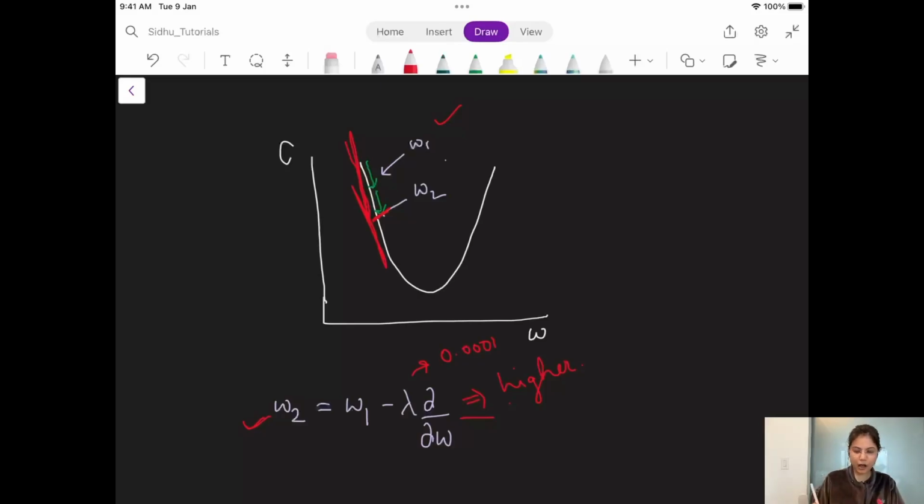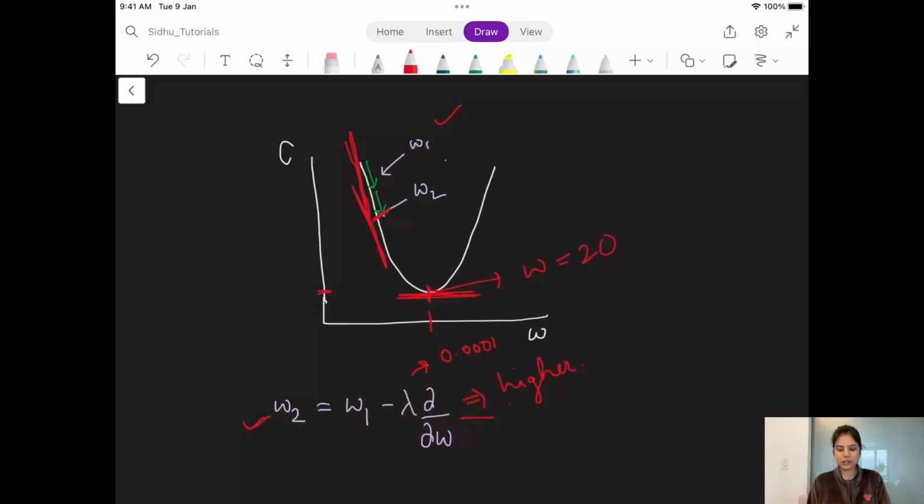So this is how we keep on updating our parameters till we reach the minimum point. Once we reach this point where our cost is minimized and we have some value of w, let's say 20, that means the slope is no more going to change.